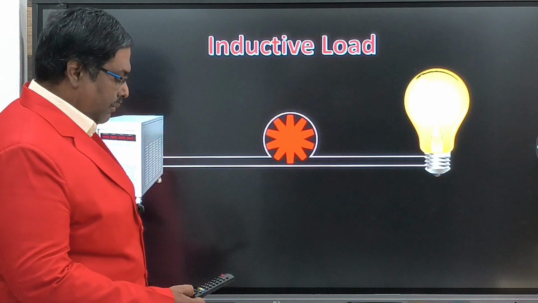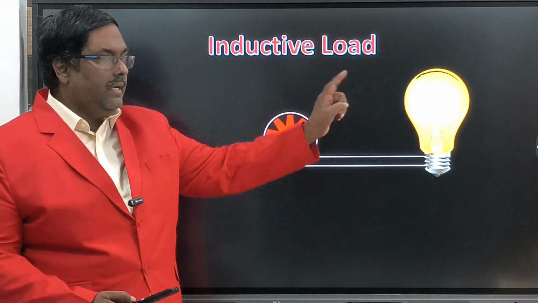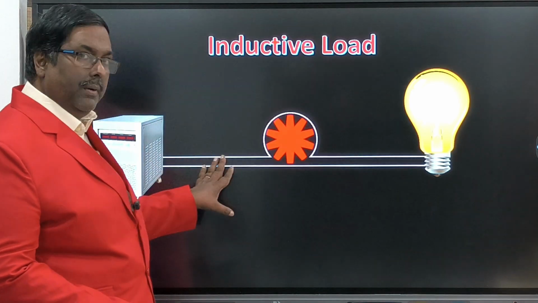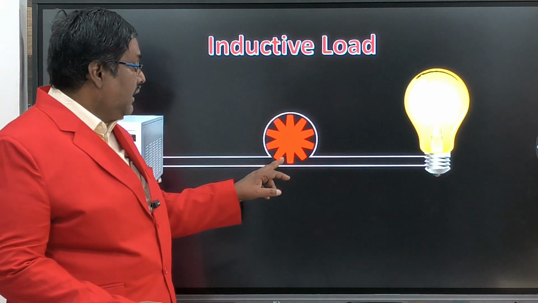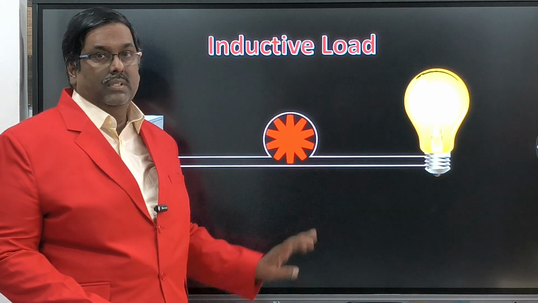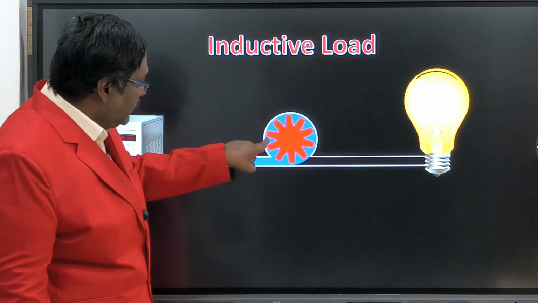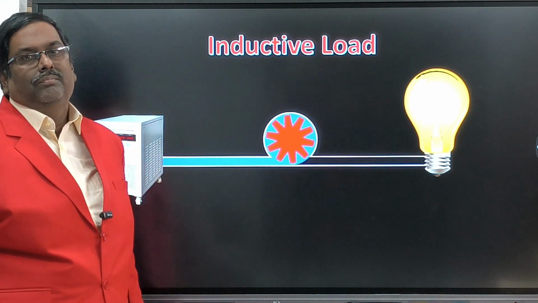Now I am going to supply the current. The current will not be supplied immediately. The voltage is ready and supplied; there is no delay in the voltage, but the current will not pass through right away. It turns this wheel first, then it allows the current.